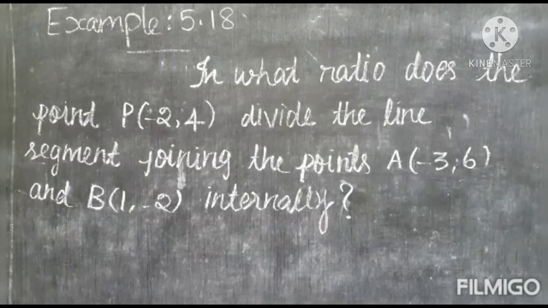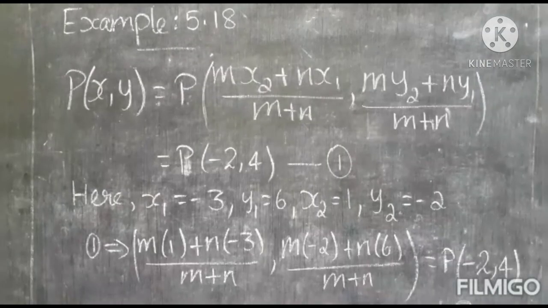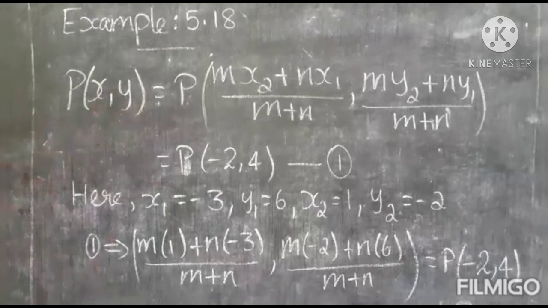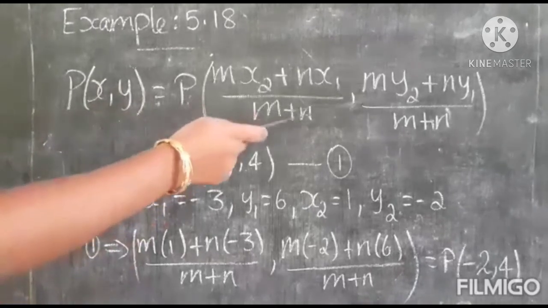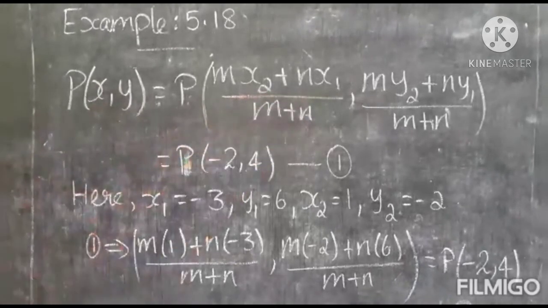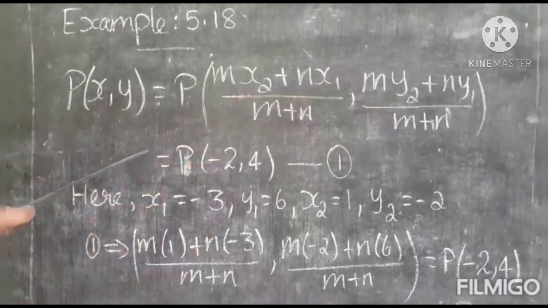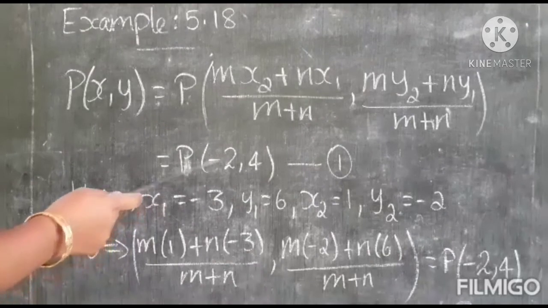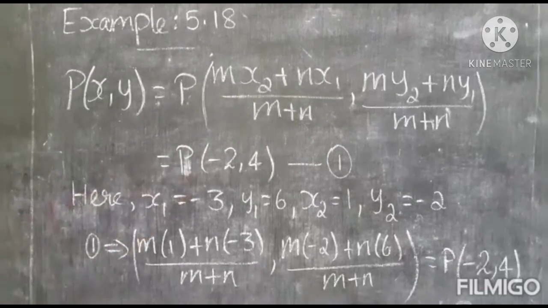By section formula, P of x comma y is equal to P of (m into x2 plus n into x1) by (m plus n), comma (m into y2 plus n into y1) by (m plus n), which is equal to P of (minus 2, 4), which is given in the question. Take it as equation number 1.